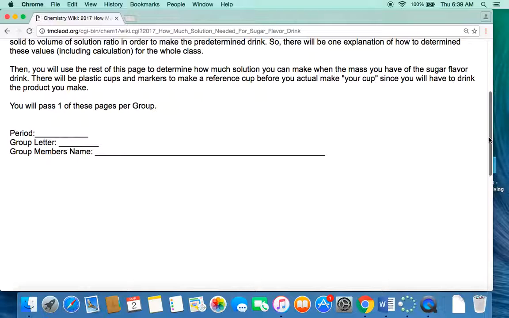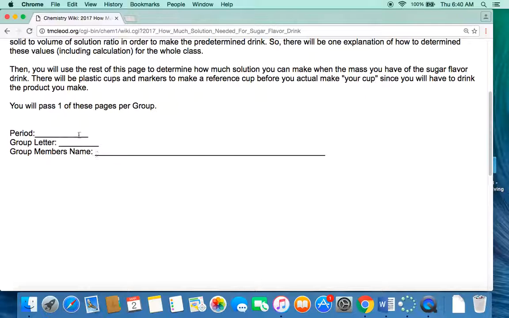Okay, and that calculation will be done here, and then depending on what I've given you, you can actually make the solution today, or you'll wait until the next class. But this piece of paper you're going to submit as a group paper.